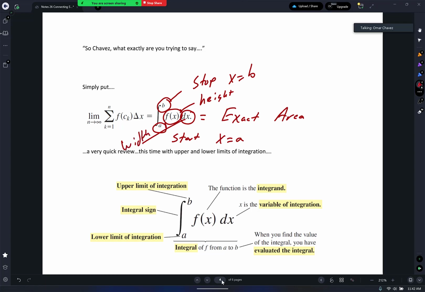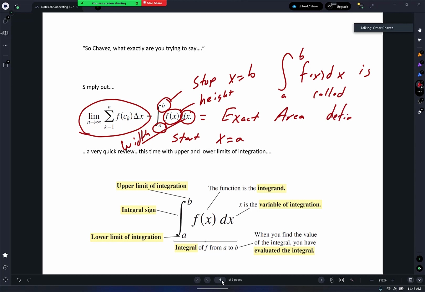All you're doing when you're finding an infinite number of rectangles is literally just finding the definite integral. You call it definite integral because it's defined. So I'm going to write the integral from a to b of f of x dx is called the definite integral. You're defining it. There is something called indefinite integral. We're not there yet.